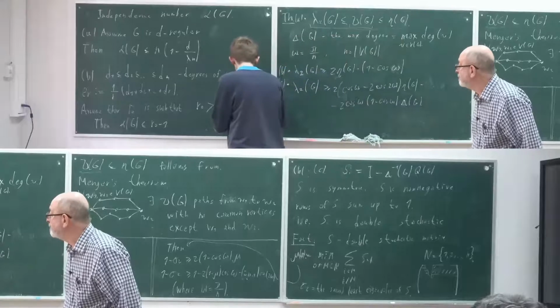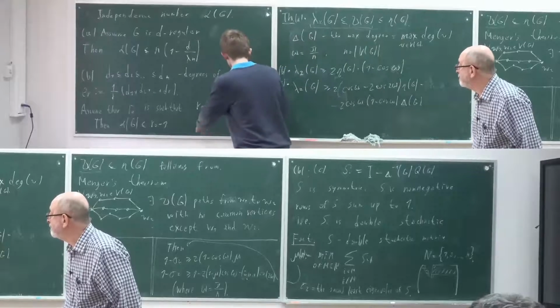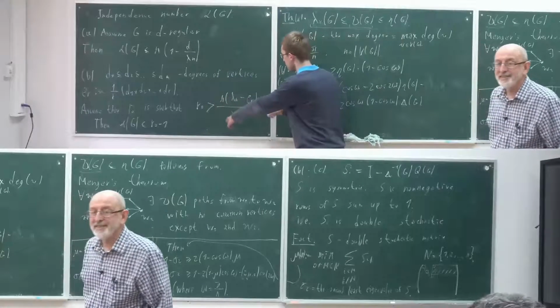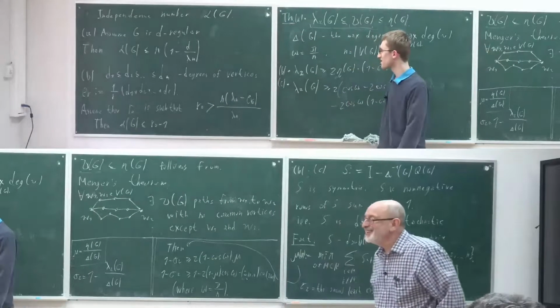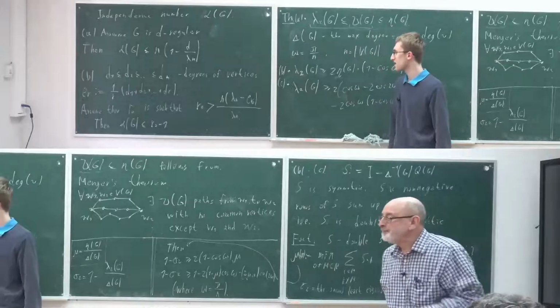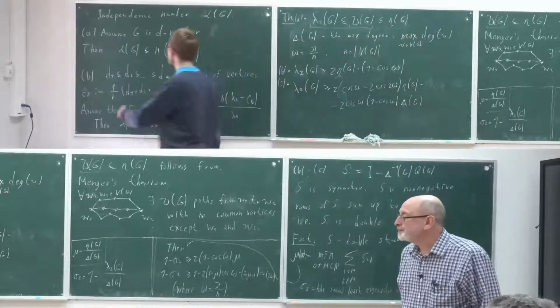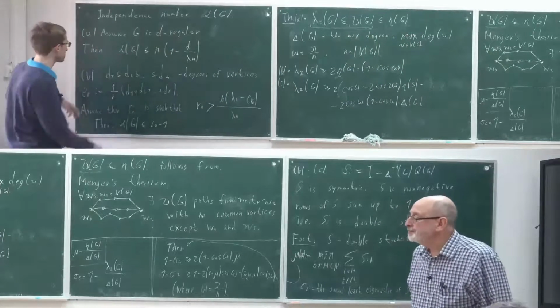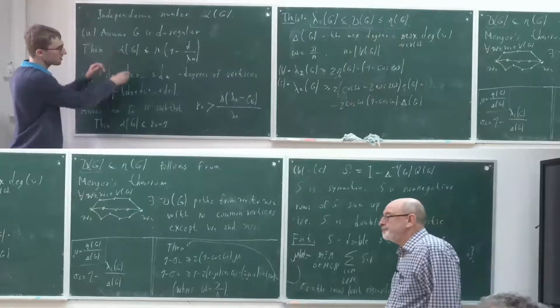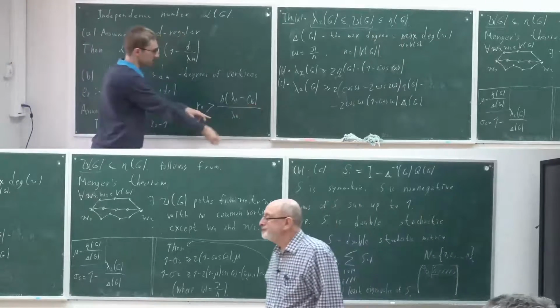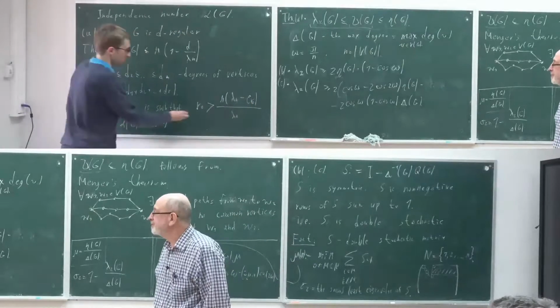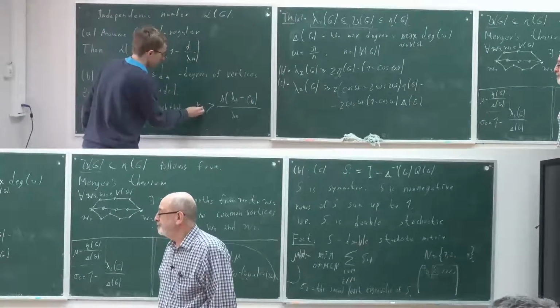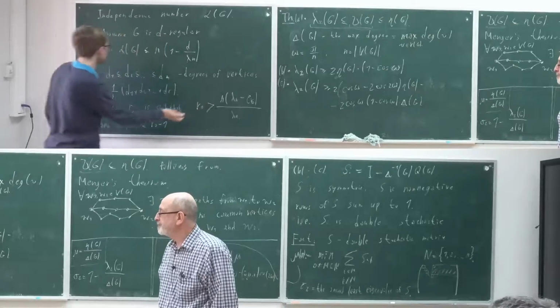Sorry, here is also R0. So the right part also depends on R0. Yes, and in particular case, if our graph is d-regular, then the right part indeed does not depend on R0, and we just take the smallest R0 such that this holds, and we obtain this statement.